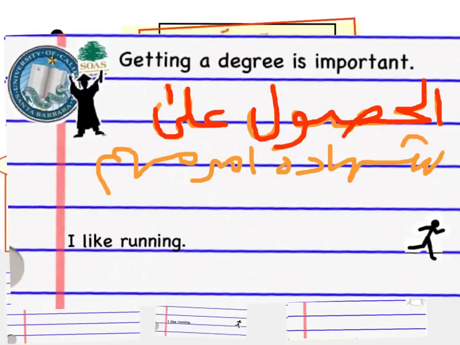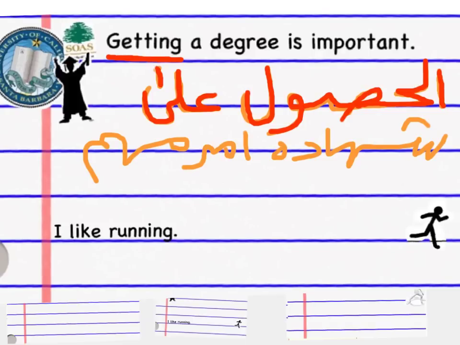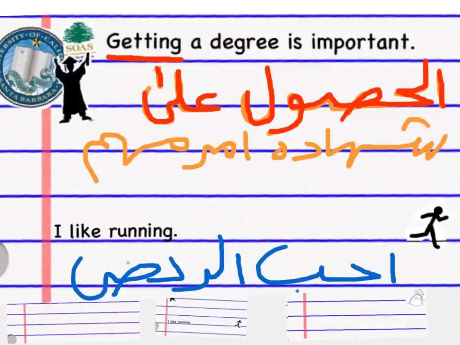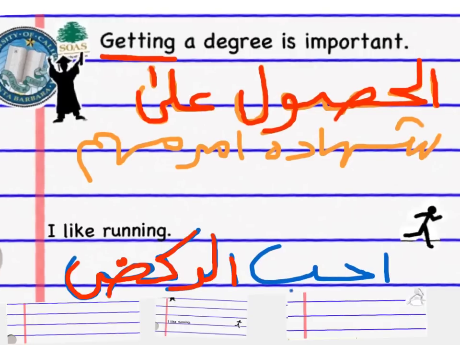So الحصول على is getting, مصدر. And in I like running we say أحب الركض or الجري. أحب الركض, I like running. الركض مصدر.